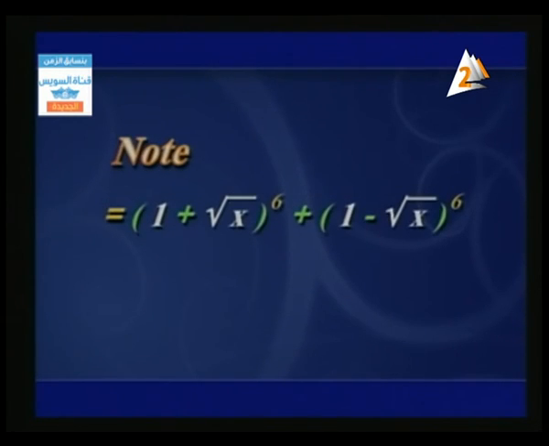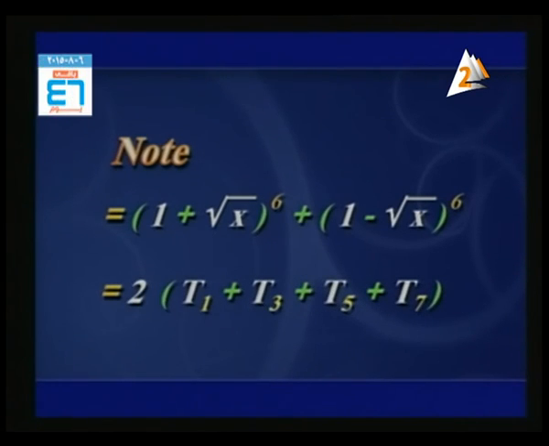Note that (1 + √x)^6 + (1 − √x)^6 equals twice the odd terms: T1 plus T3 plus T5 plus T7.